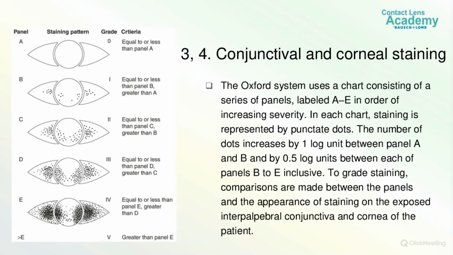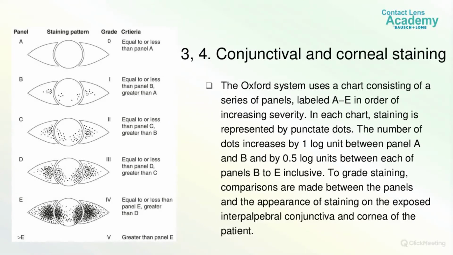So, conjunctival and corneal staining. The Oxford system created a series of panels, like a chart, which you can also use in your clinical practice. These charts are labeled with the letters from A to E of increasing severity. In each chart, staining is represented by punctate dots.